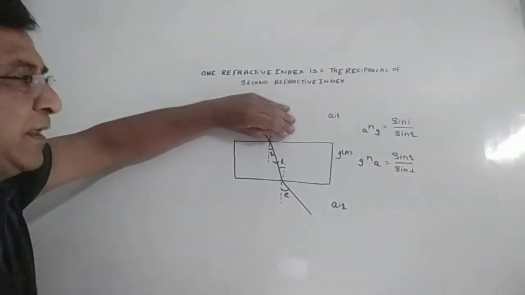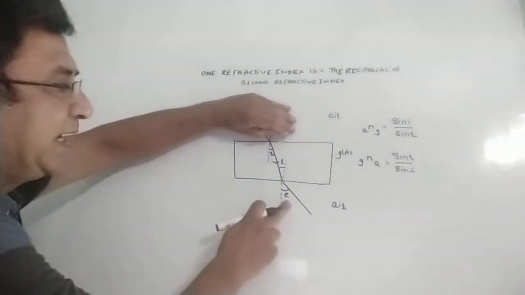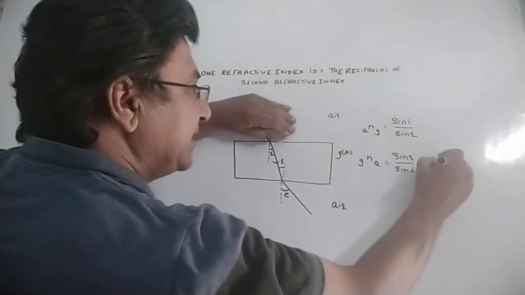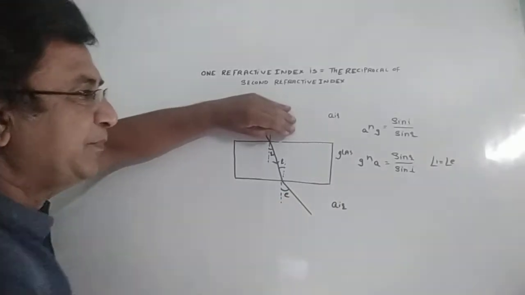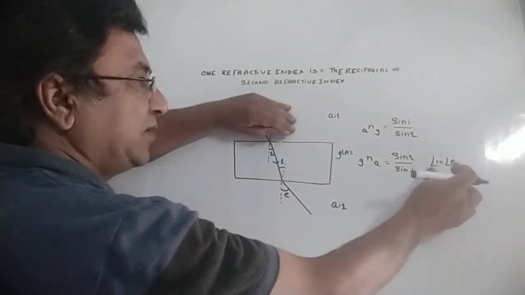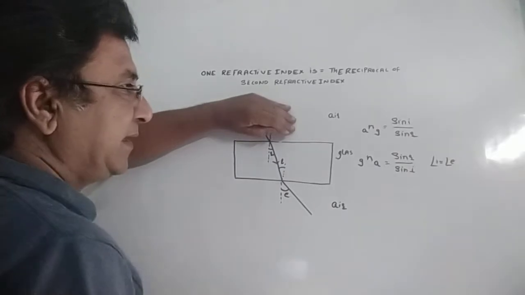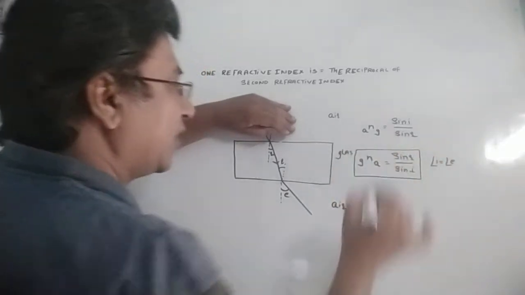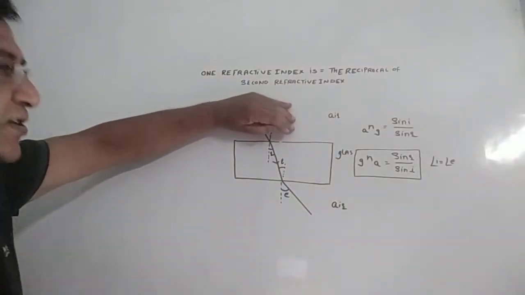sin R upon sin I. Why am I saying I? In this case I is equal to E, so we can say E as I. Already we have discussed in the last video the law of reversibility and putting I equal to angle E. But this particular statement is not obeying Snell's law, the second law of refraction.